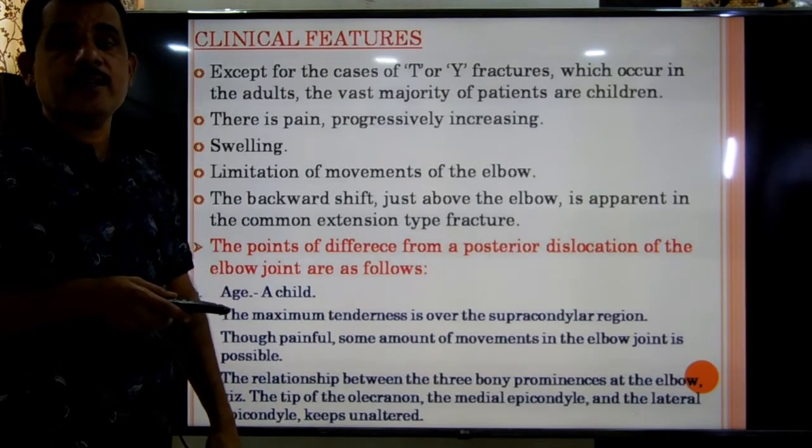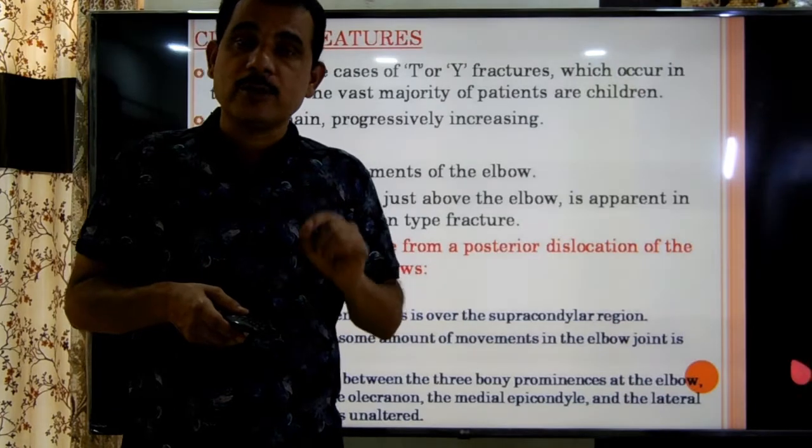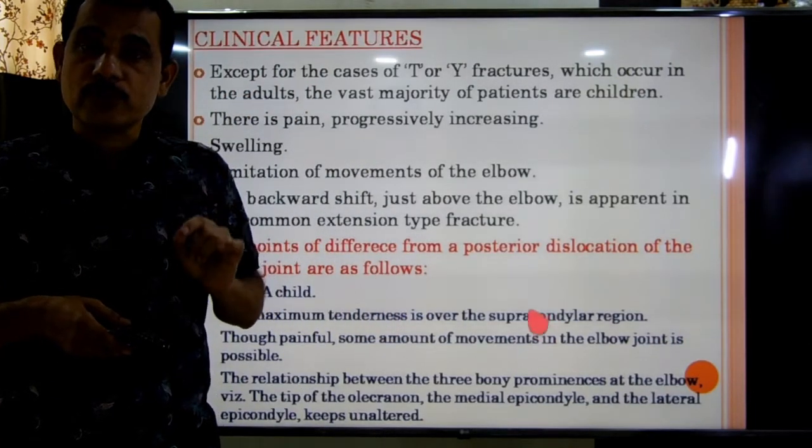But what will differentiate the supracondylar fracture of the humerus from the posterior dislocation of the elbow?